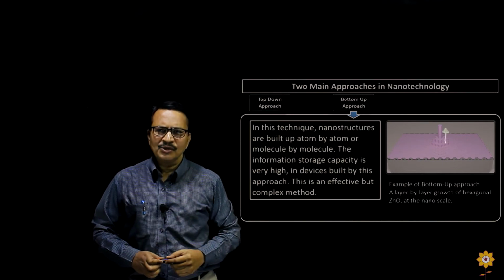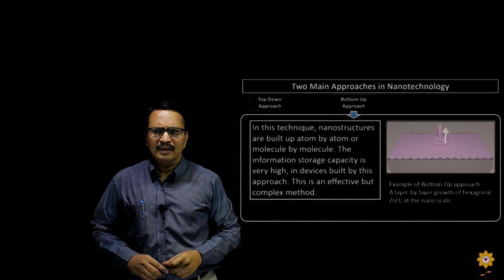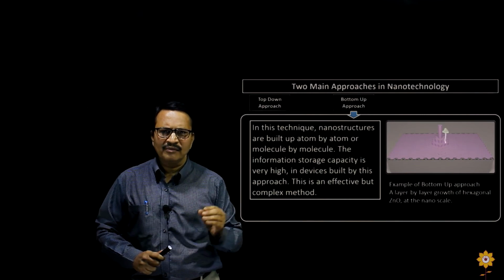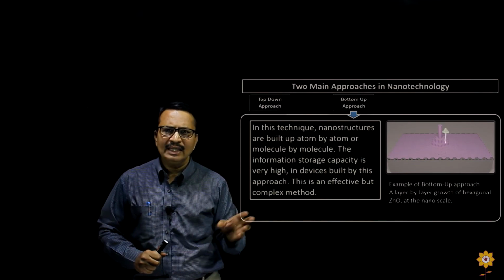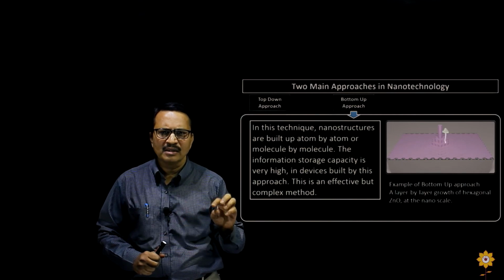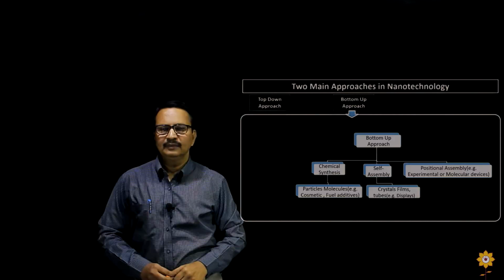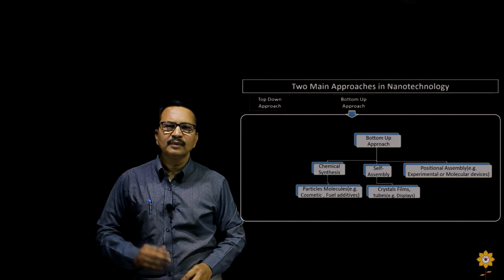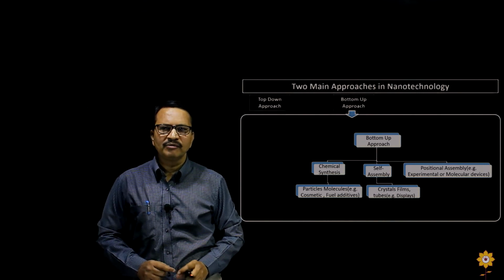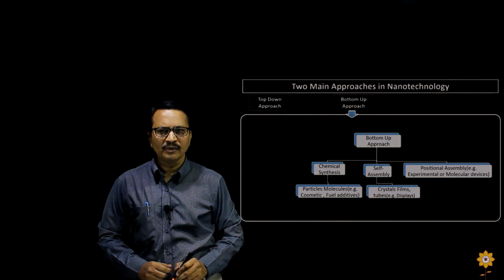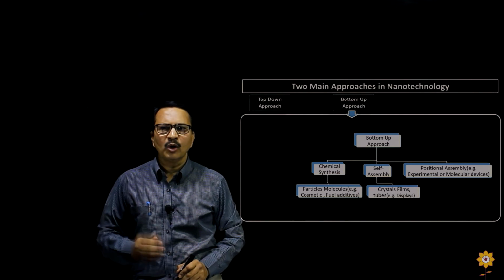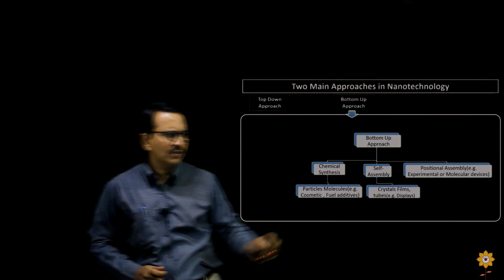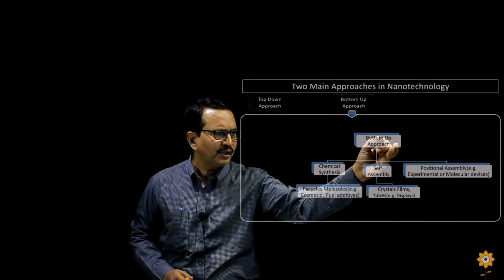Next, we are going to study how we classify the different kinds of techniques that fall in this bottom-up approach. So this is just a classification of the different techniques which we are using for the bottom-up approach. And what are those? So this is your bottom-up approach over here.